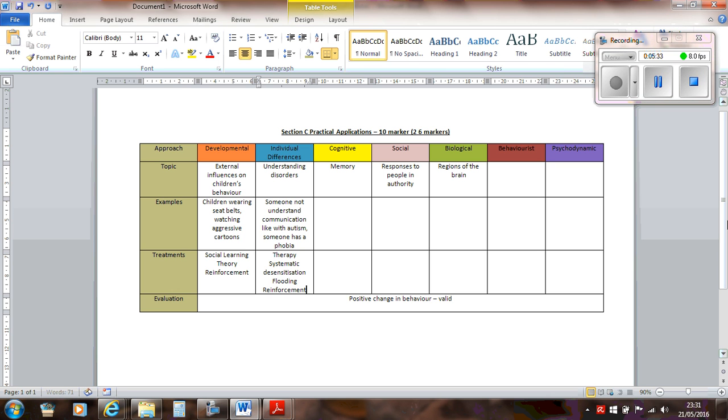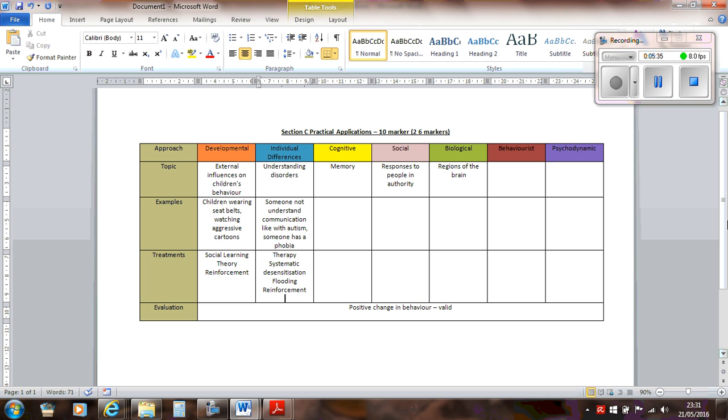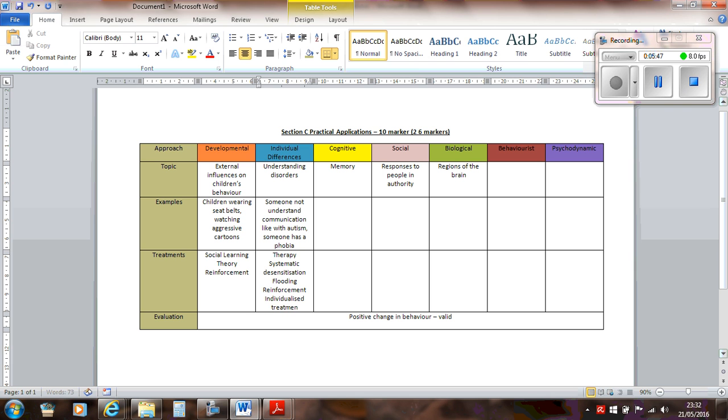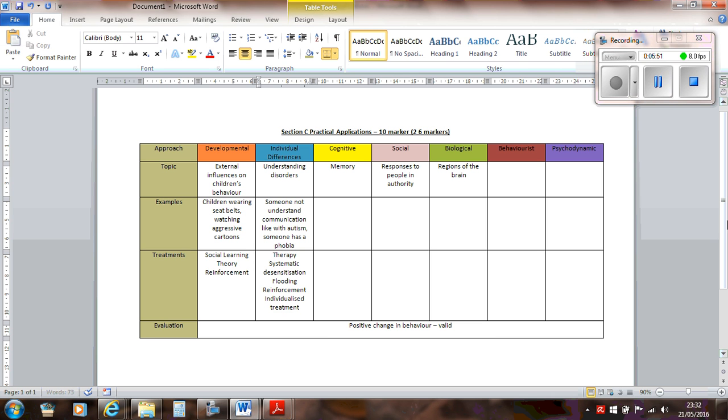It's got to be an individualized treatment program, because you're looking at the person's individual differences. So that's stuff for phobias, and for autism, what we said about the communication problems.